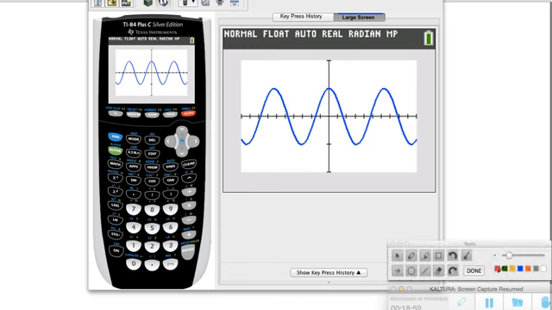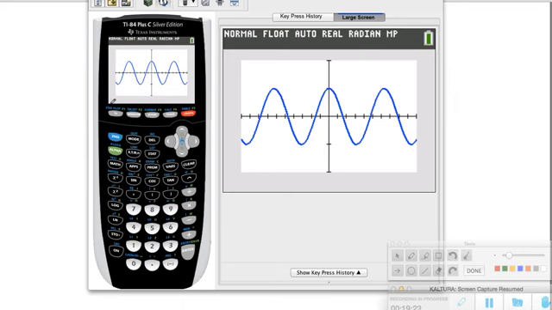Well, the basic part of one period of cosine of x is from here up to here. So we've got y equals cosine of x, and again, a single period goes from here up to here. This right here is the point pi over 2, so we're going from 0 to pi over 2, which is a complete period of cosine of x.